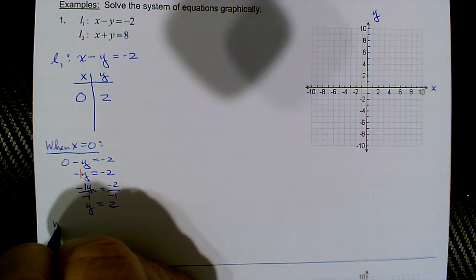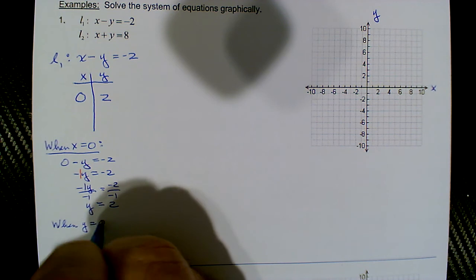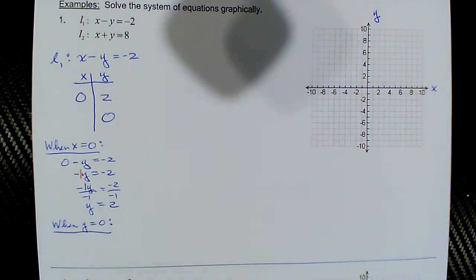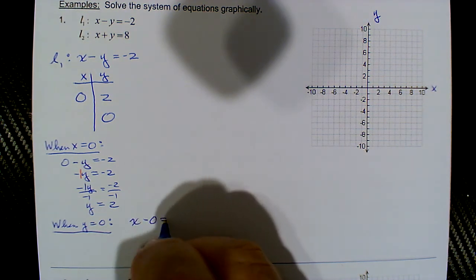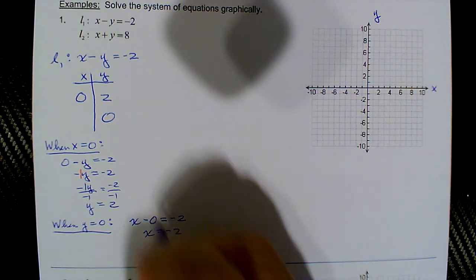And using the intercept method, I'm going to let y equal 0 and find out what x is. So when y equals 0, we get x minus 0 is -2. So immediately x is -2.